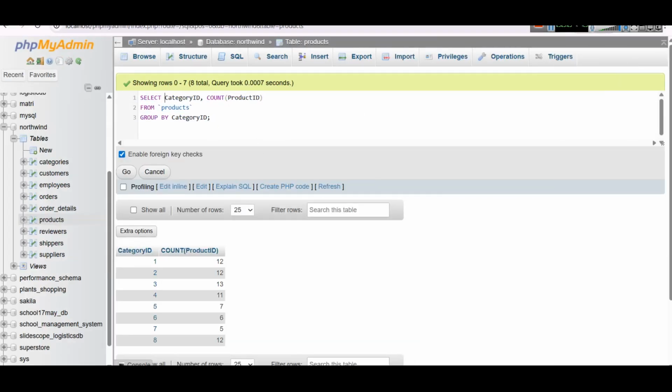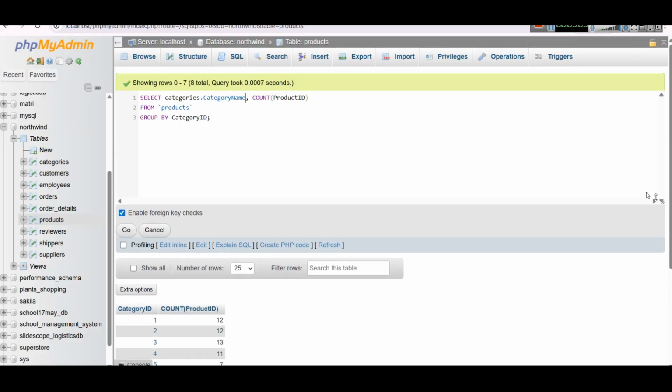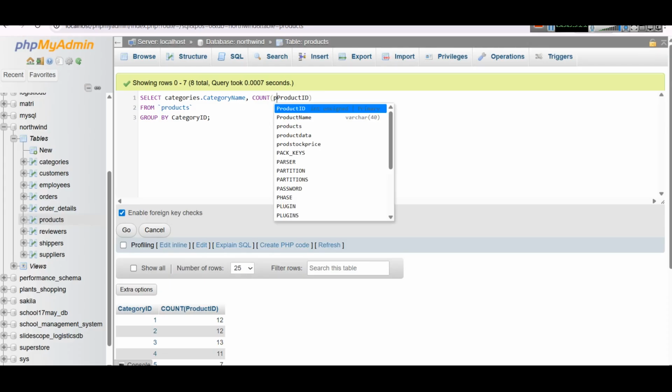You will write select categories dot category name, since we are using the categories table, and count of products dot product ID.